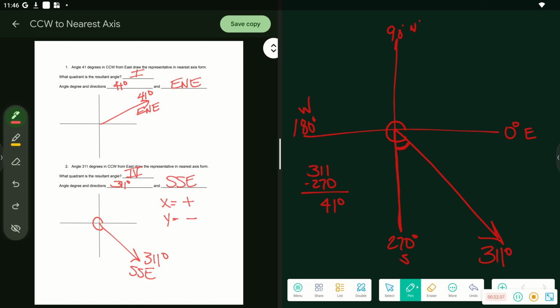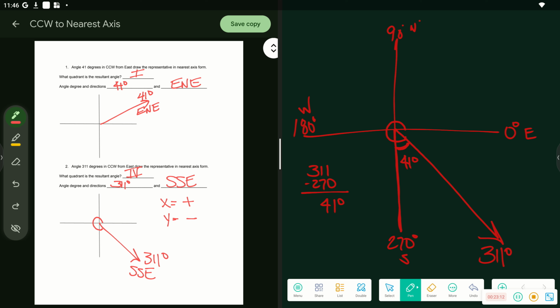So this measures 41 degrees. But if you had to put a direction with this, how would you write this? This is a little bit different. In this case, you're talking about the southerly axis. The southerly axis is right here. What way are we moving? Down. The vector itself is moving easterly, right?